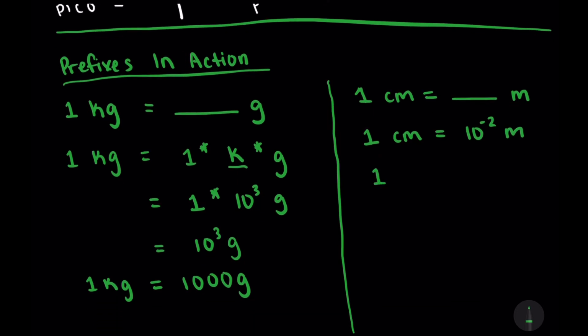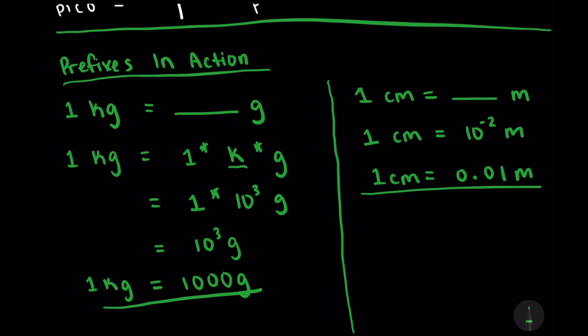Or if you want to write it out, that's no problem. It would just be 0.01 meters. All right, so these are just 2 examples of our prefixes in action and making life a little bit simpler for us, right?